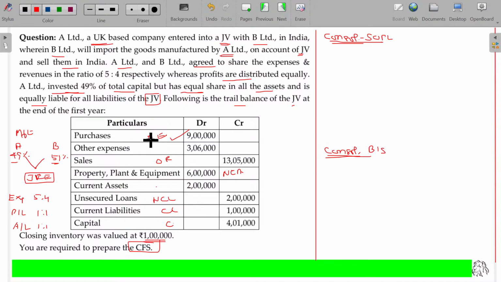We have been given only three items related to income. Revenue from operations, the value being 9 lakhs. We don't have any other revenue, so we stop here.